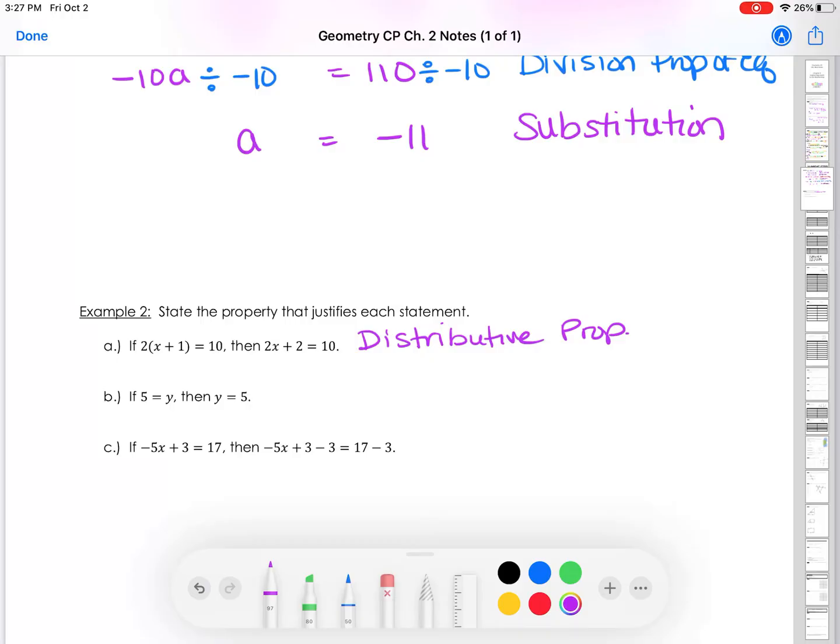So when I switch the order around, that is symmetric. If negative 5x plus 3 equals 17, then negative 5x plus 3 minus 3 equals 17 minus 3. That is the subtraction property of equality.